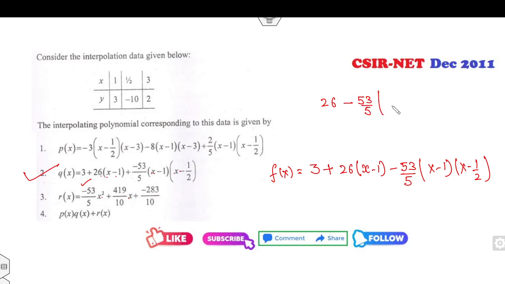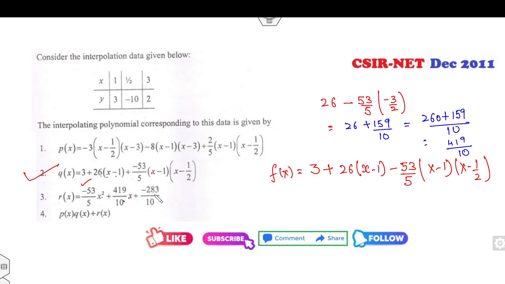The coefficient of x is 26 plus 159 over 10, so that's 260 plus 159 over 10, that is 419 over 10.